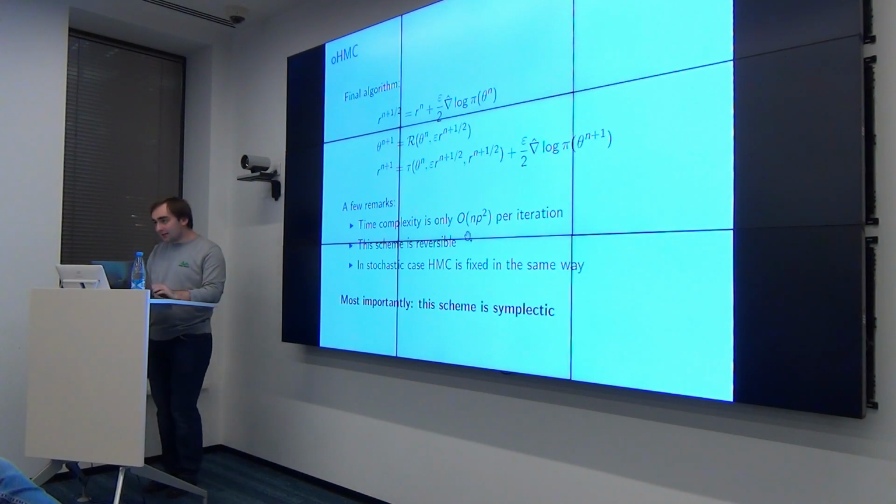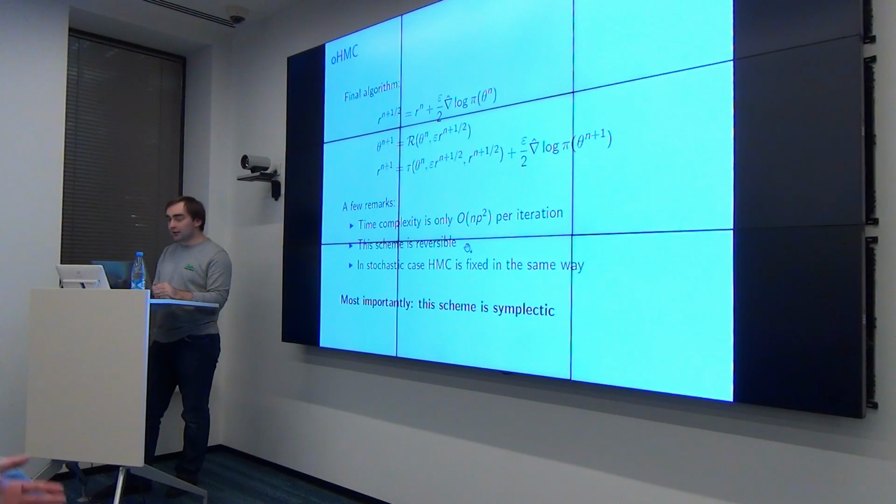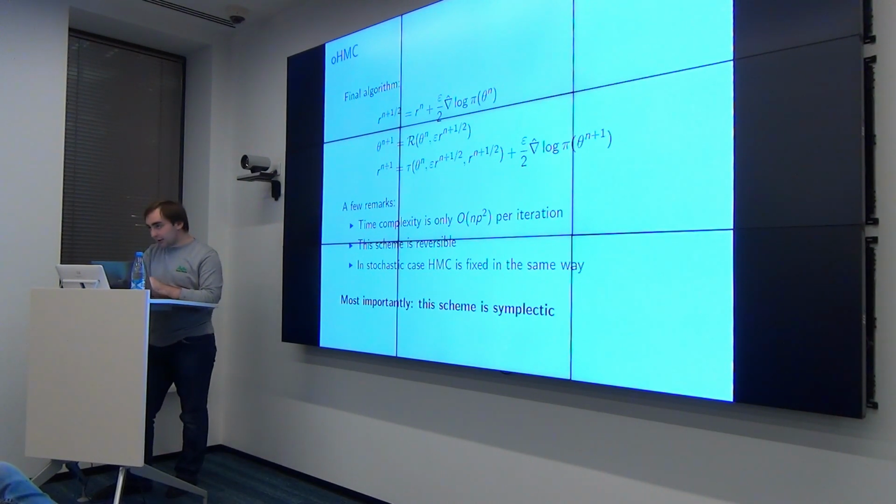So in the stochastic case, we change the equations in absolutely the same way. Where we need to update theta, we use retraction, we use vector transport to avoid adding vectors from different tangent spaces, and so on. And most importantly, this scheme is symplectic.